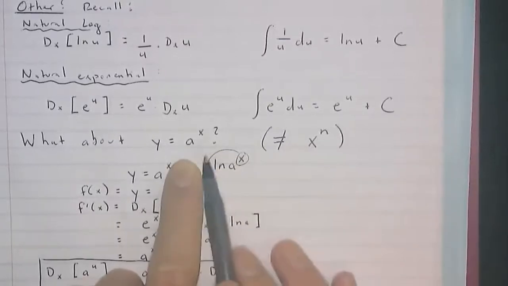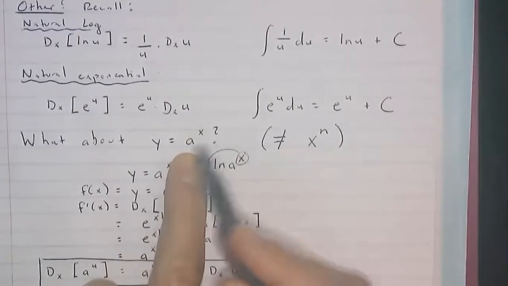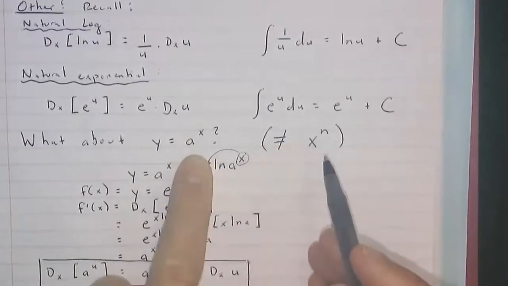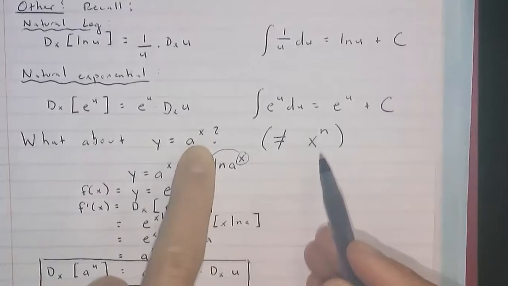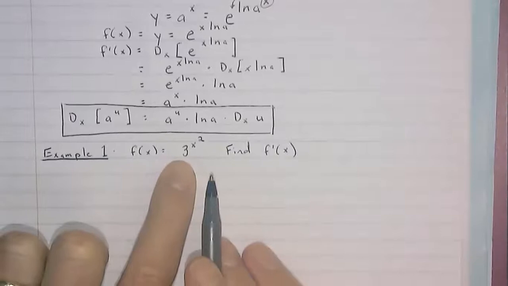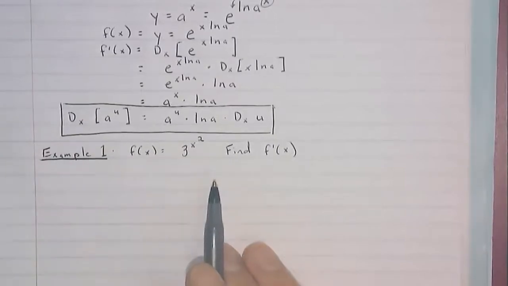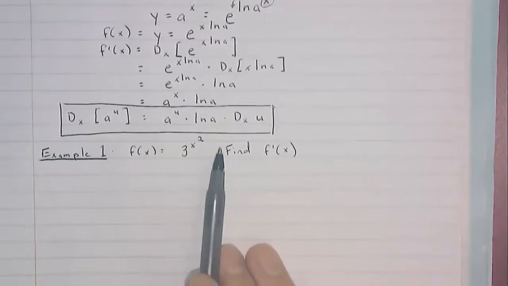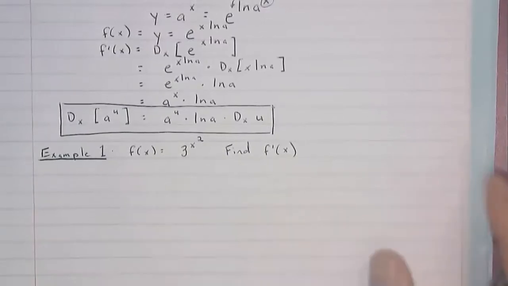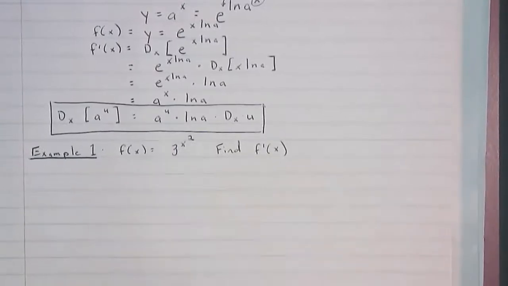Looking at this function, hopefully you see it's not something we've seen before in terms of differentiating. We've seen x raised to the third power, but not 3 raised to the x power. So now we're going to use this rule to attack this new situation.